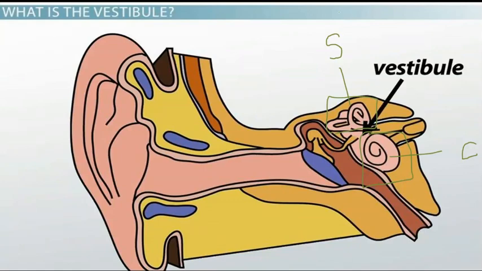In the bony labyrinth, you have the semicircular canals, vestibule, and the cochlea. And in the vestibule, you see the membranous labyrinth, and this membranous labyrinth consists of two sacs called saccule and utricle. These two collectively are known as the otolith organ.